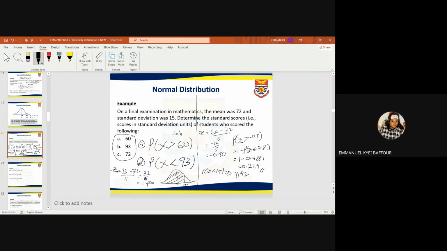Yes, so that is the probability. This time we are not going to subtract from anyone because the area that we are interested in is what we've just found. So that is the probability. But I believe we are all able to get this. Yes, sir.